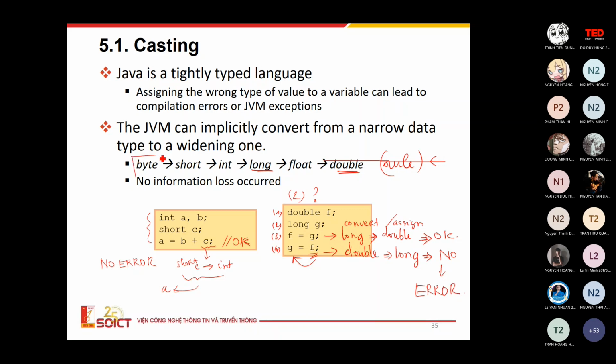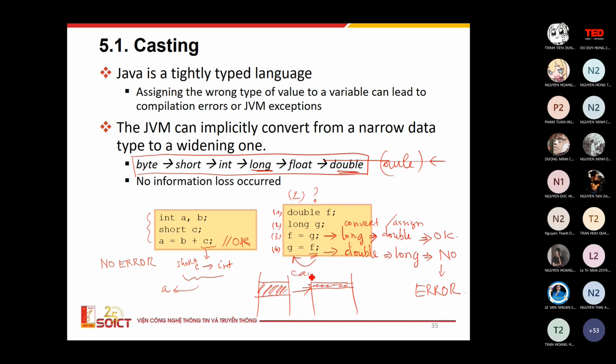You just have to remember this rule, and you will know whether you can assign the value: from a smaller one to a bigger one is fine. But if you want to assign a bigger one to a smaller one, it will not work. You can imagine you have a very big box and you want to put it into a smaller one, so it cannot.